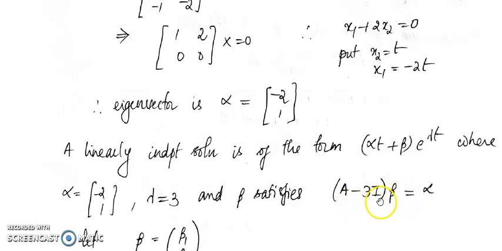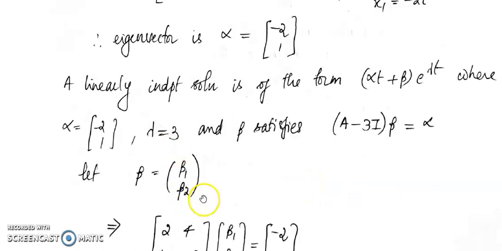Here let me take beta equal to the vector beta 1, beta 2, and now we need to solve this non-homogeneous system.